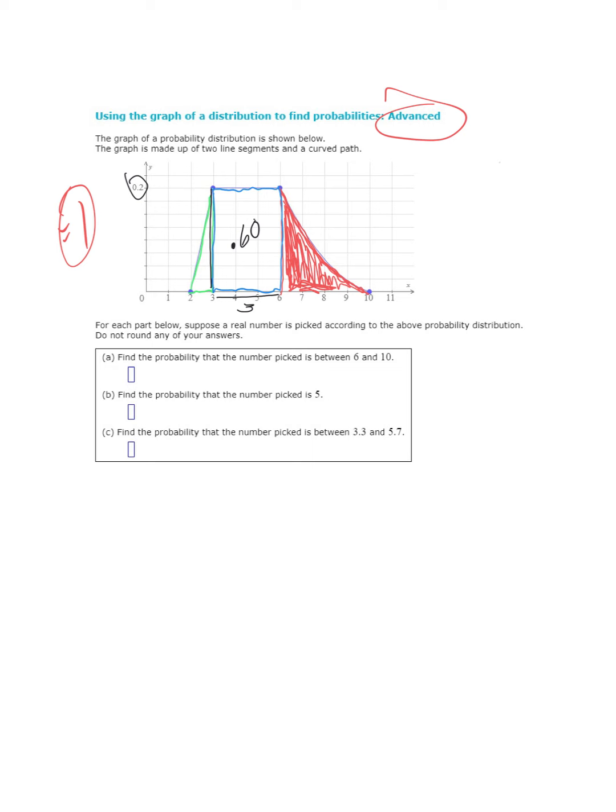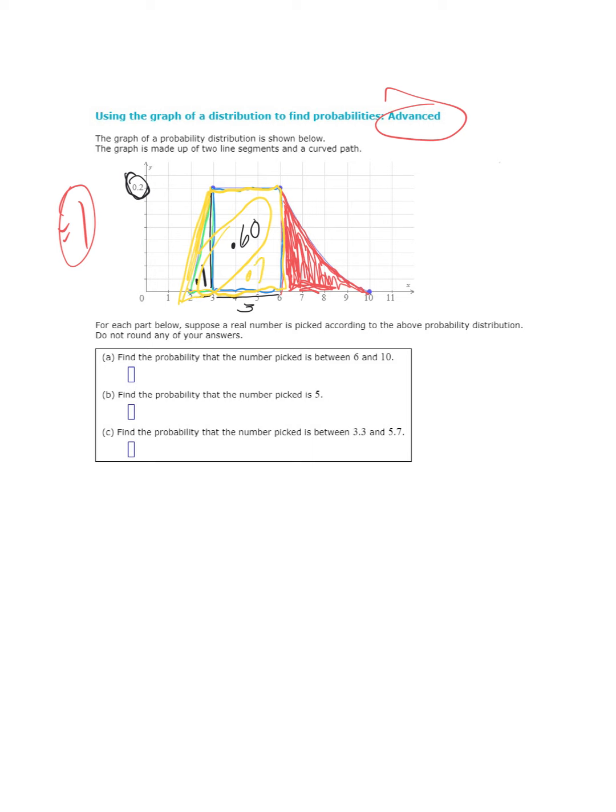All right, my triangle over here, it's got a base of 1, it's got a height of 0.2, so I do 1/2 base times height, and 1 times 0.2, and then take half of it, that would be 0.1. Okay, so from here all the way to here is 0.7. 0.1 plus 0.6 is 0.7.